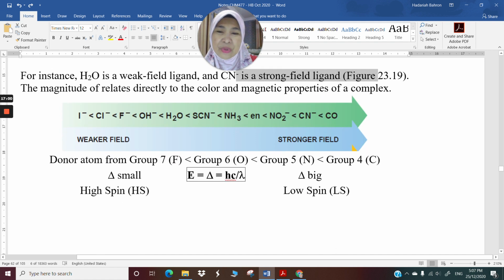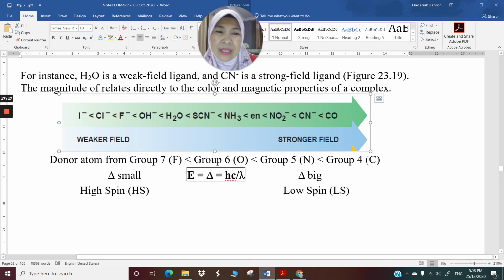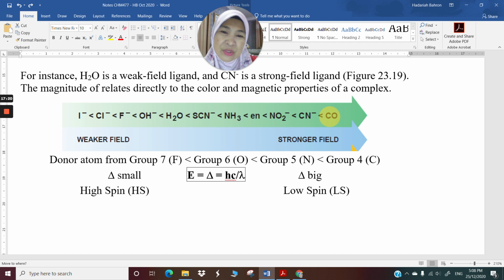This is shown in this figure here. This is your water. The halogen ions are in the weaker field, whereas your carbonyl is in the stronger field.